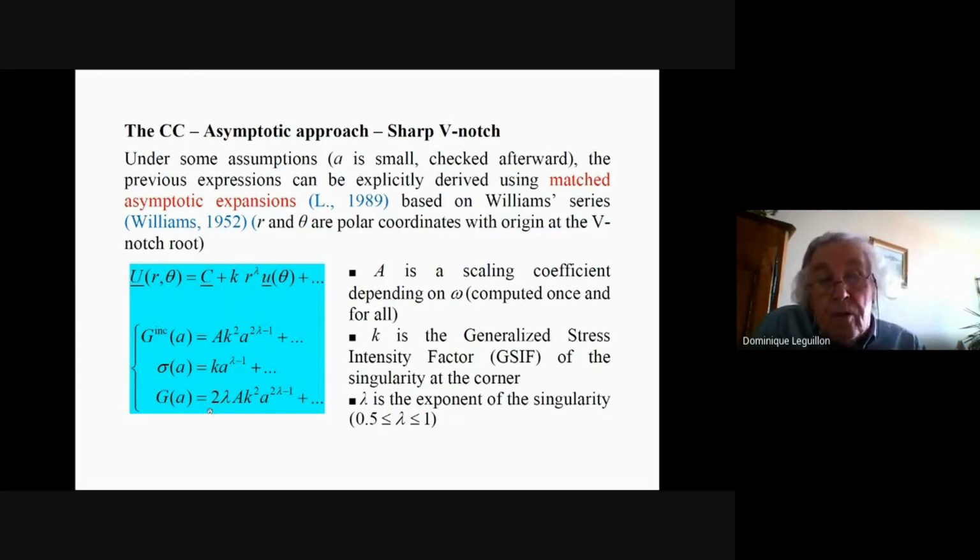You see that if there is no crack, with A equal to 0, the energy release rate G is 0. This is the reason why the Griffith criterion cannot work to describe the onset of a crack at the tip of a V notch, if it is an open V notch and not, of course, a crack.